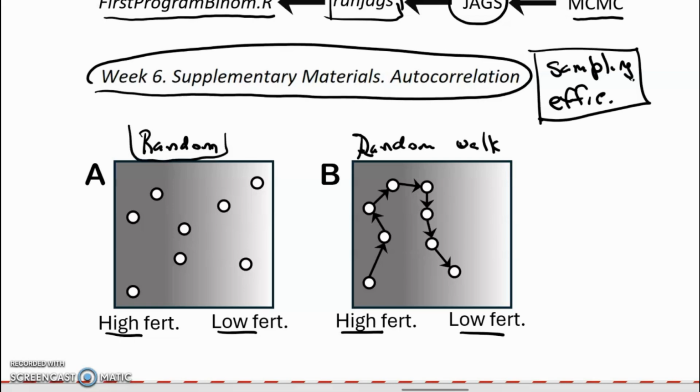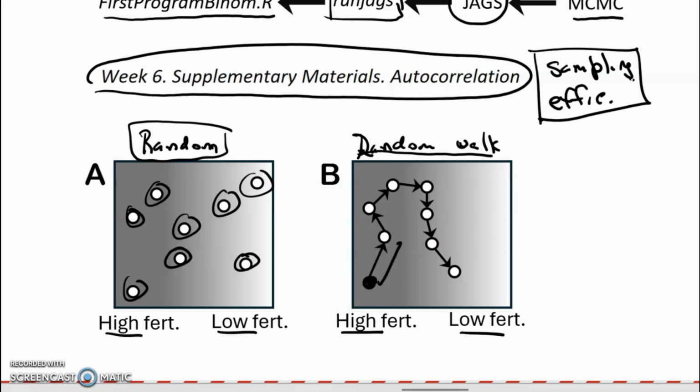In the fully randomized scheme, we could use something like GPS, and every point on the field would have an equal probability of being sampled. With a random walk, we start off at some point, and then we've got an algorithm that tells us, okay, we're going to move a certain direction, a certain distance, and then do that again, and do that again.